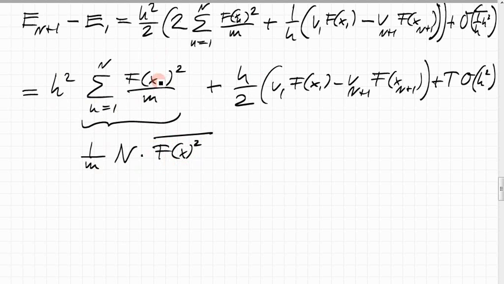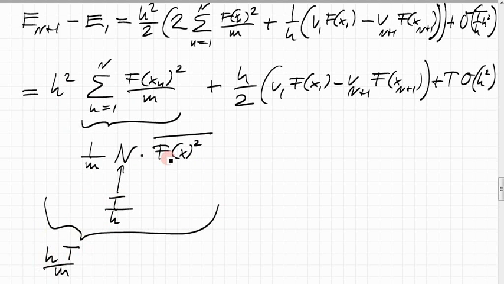That's the same as computing the total number of forces times the average. The number of steps is the total time divided by the step size. So the first term becomes h squared over h, is just h, times our total time, capital T, over m, times the temporal average of the square of the force.